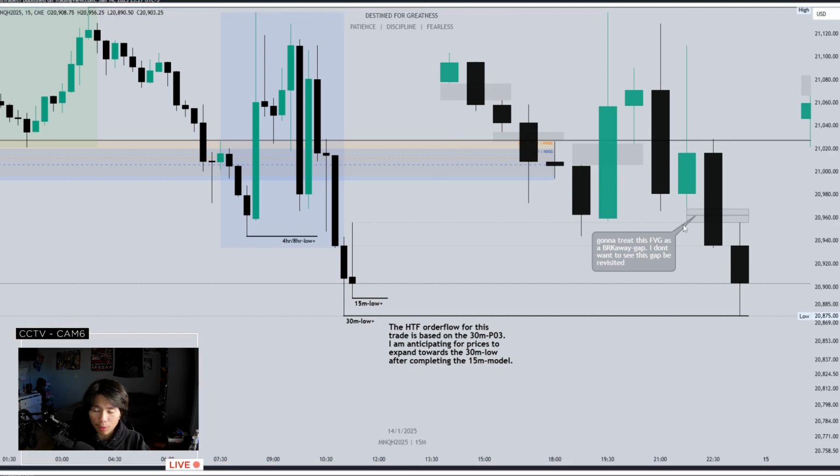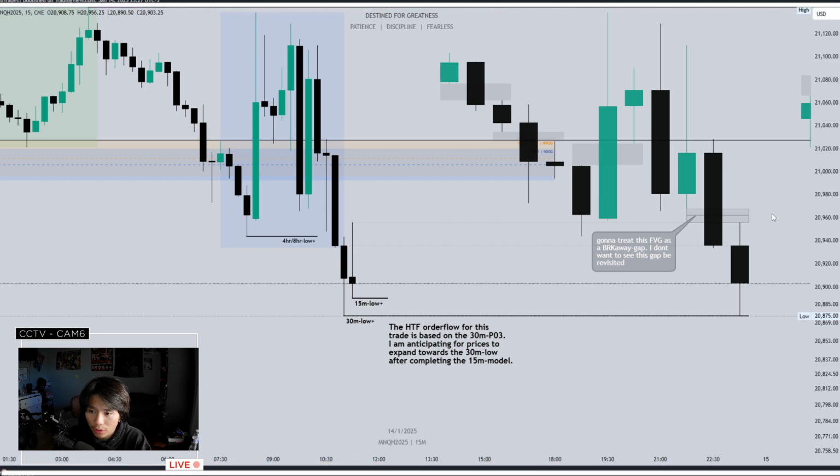And so the higher time frame order flow for the second trade here is based on the 30-minute, and the 30-minute time frame is telling me something. This is the 30-minute candle that I want you guys to pay attention to. This 30-minute candle is telling me that we're most likely going to take out this 30-minute candle's low, right? And notice how we create this 30-minute fair value gap.